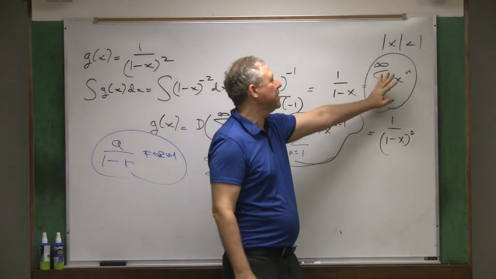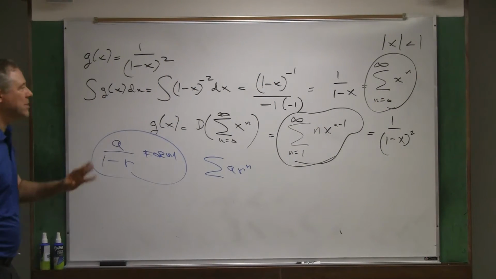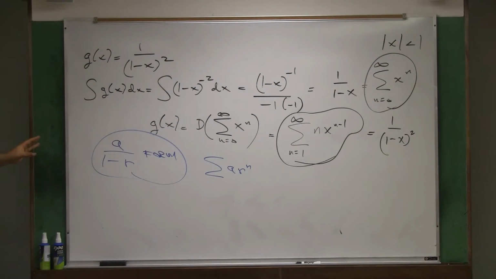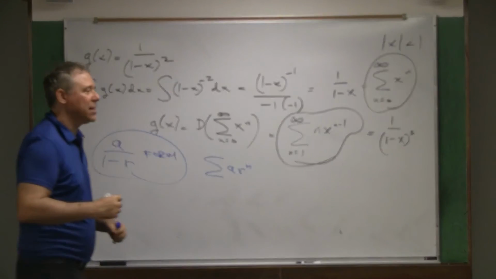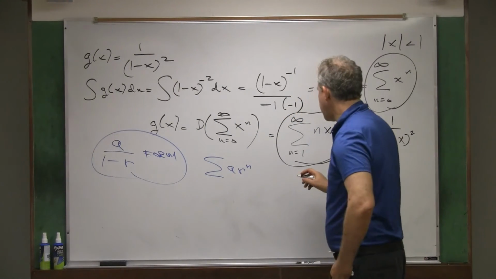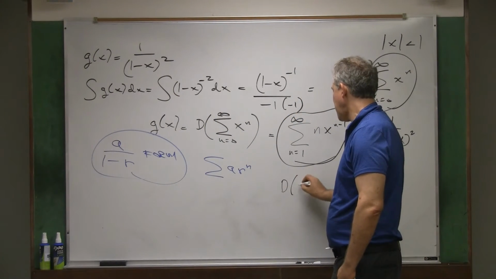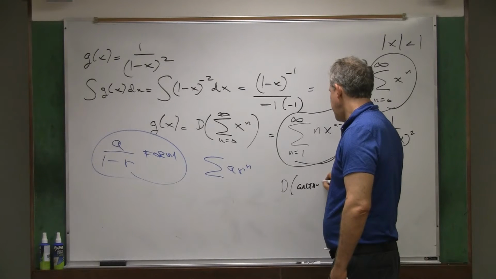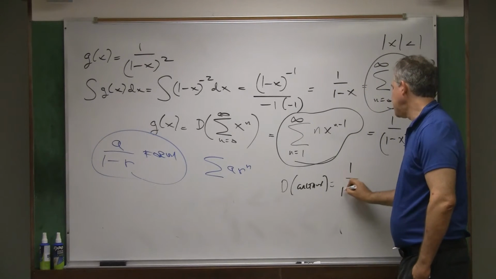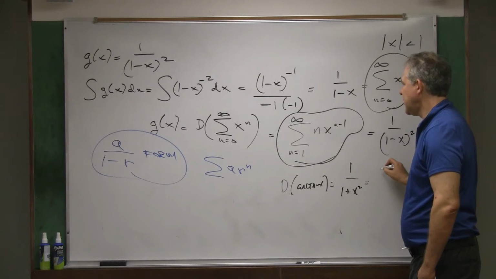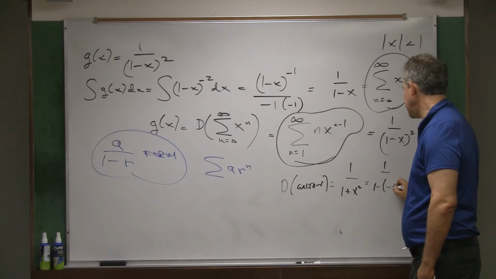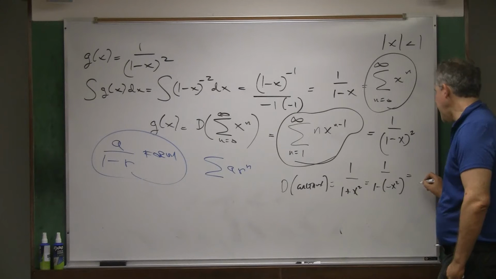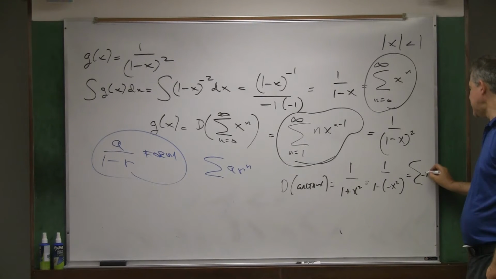You could then expand the antiderivative as a power series, and then you could differentiate back to recover the original function. Or as we did last class, we were looking at arctangent. Last class we said the derivative of arctangent was 1 over 1 plus x squared, which has that form 1 over 1 minus minus x squared. We then expanded this to be a series.